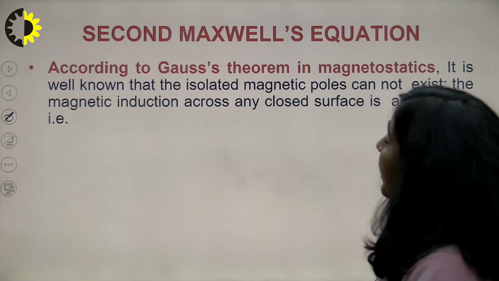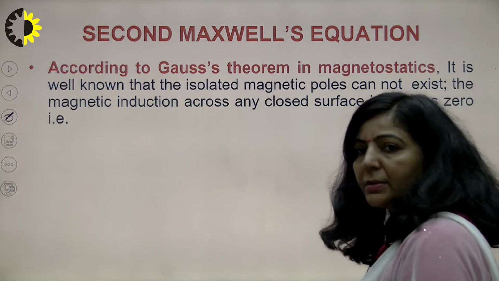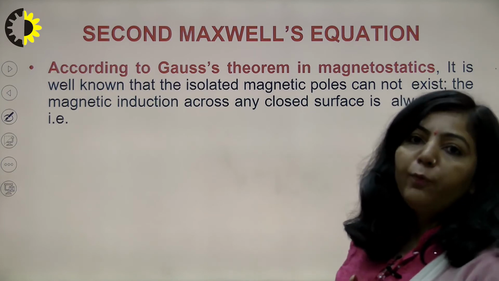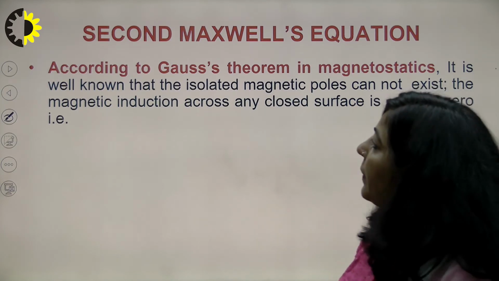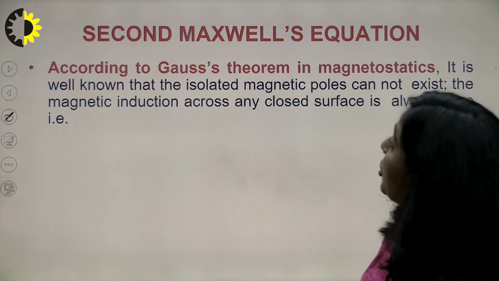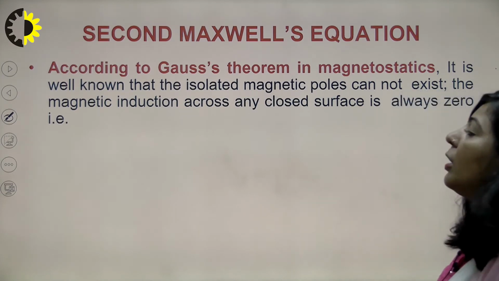So according to Gauss law in magnetostatics, the total magnetic flux over a closed surface is always equal to 0, right? So magnetic induction across any closed surface is always 0.